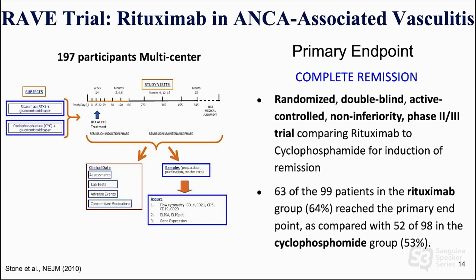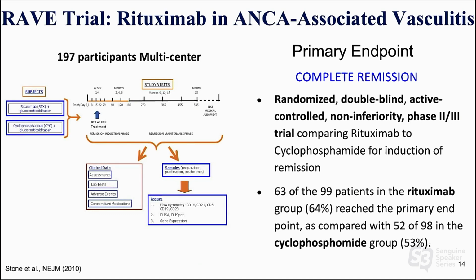I'll just go over a little bit about the trial. The first paper published on this trial was by Stone et al. in the New England Journal of Medicine in 2010.